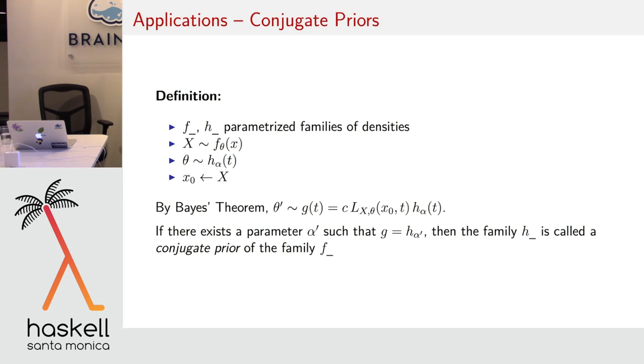And in general, if H is not a family of conjugate priors for F, then there's no reason that this function G has to be nice or has to be something that we could even get samples of.